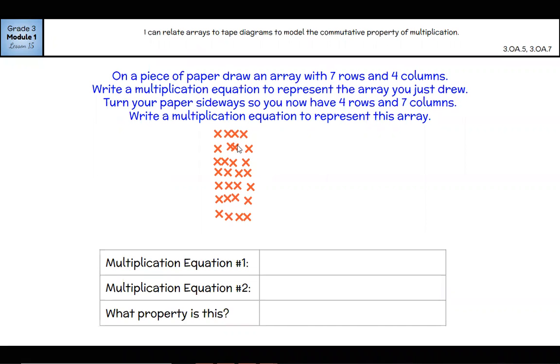I try to keep my X's in a straight line. It's just with the clicking, it makes it a little bit difficult, but hopefully when you're drawing it, it's easier.